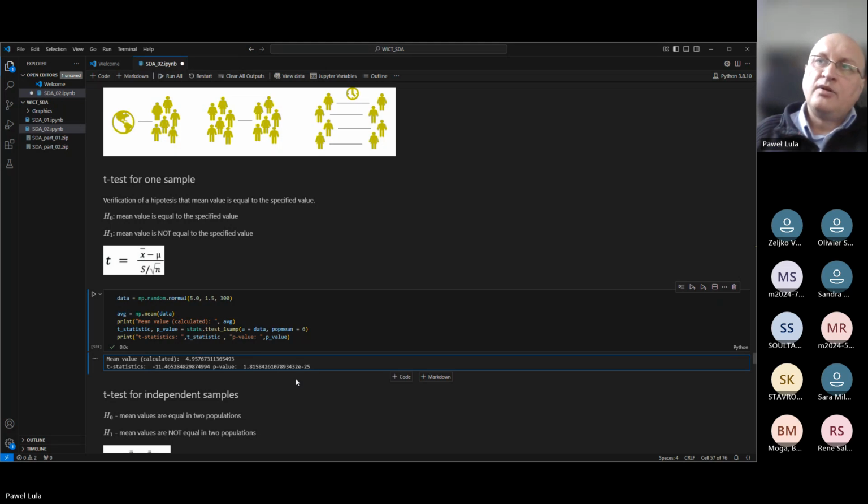So we should reject the zero hypothesis, which was formulated in this way, saying that the average value for the whole population from which this sample was selected randomly is equal to 6. It is the first example.